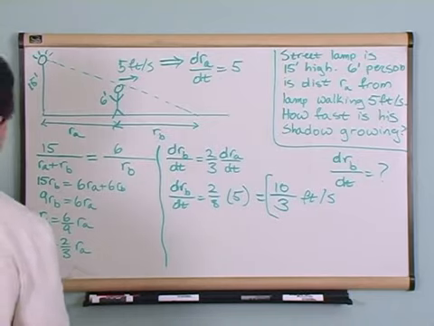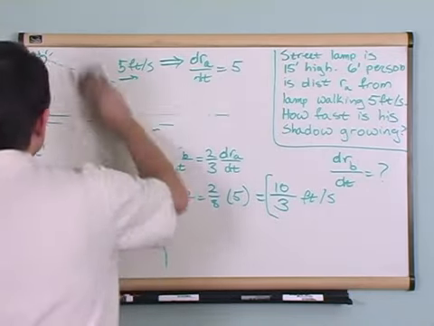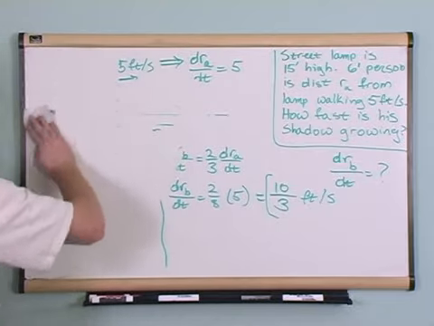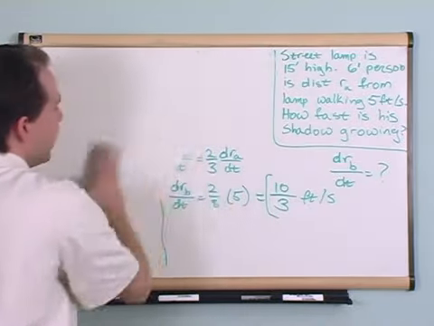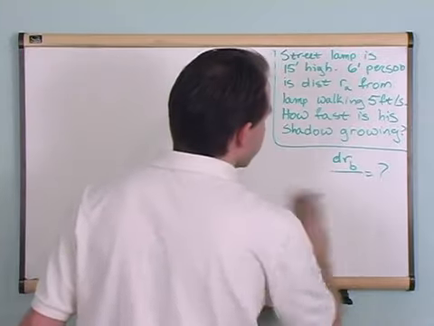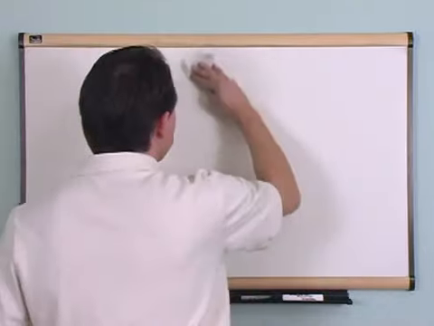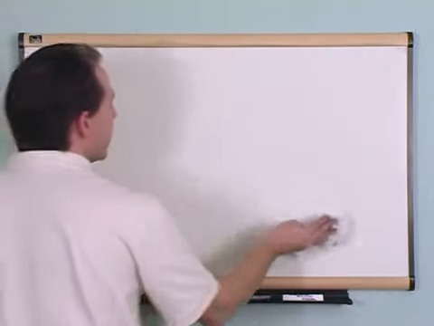So really, I think you've probably realized by doing these problems that the trick is figuring out what they're asking you and trying to find a formula that relates everything together. Once you find that formula, in one case it was the volume of a sphere, in another case it was similar triangles, in another case it was something else. Once you find that, you can just take the derivative usually and go about your merry way.